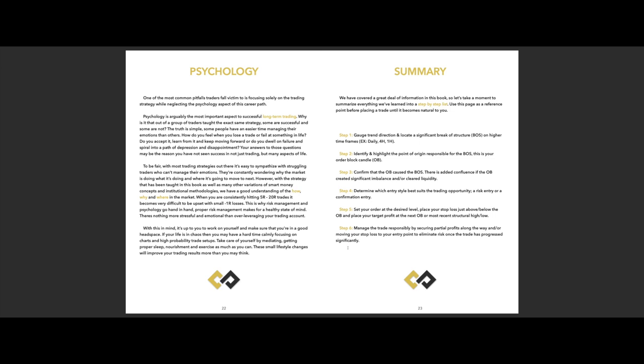So for example, whenever there is a new break of structure during your trade, you can trail your stop loss just above that break of structure and the new order block, right? The new order block that's created by the new break of structure. So that's one way you can do it. Or you can set multiple structural points throughout the trade.